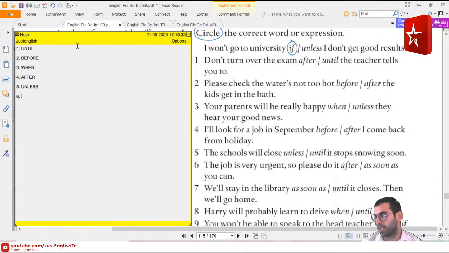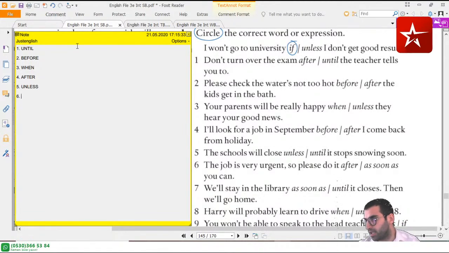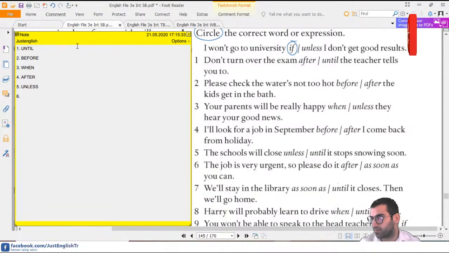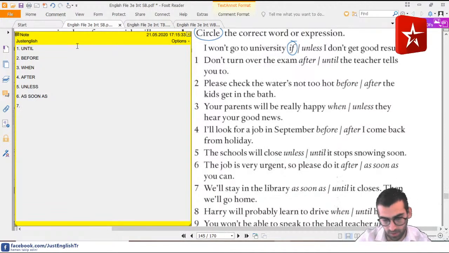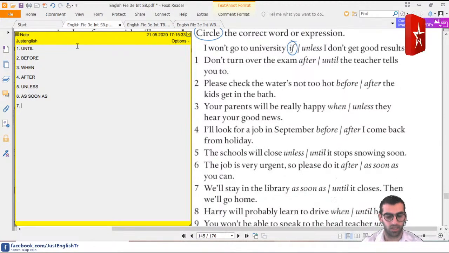Lisa, Rana, and Pelin, they say as soon as. Okay, let me wait for other answers. Okay, as soon as is a correct answer for number 6. Yes, number 6 is correct.